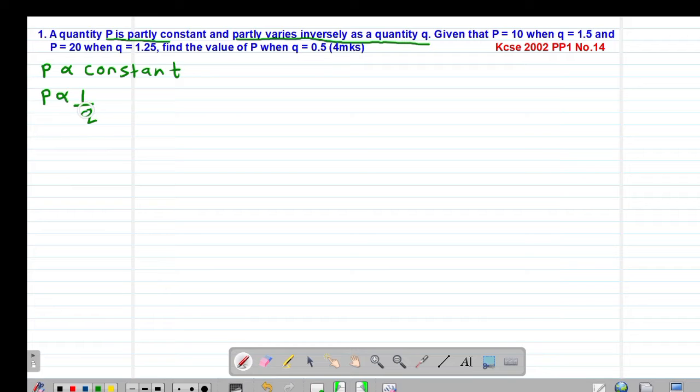Then remember that in variation, whenever we want to do away with the proportionality sign, we usually introduce an equal sign with a constant. So in this case, p is equal to k, where I let this constant be k, since it is partly constant.